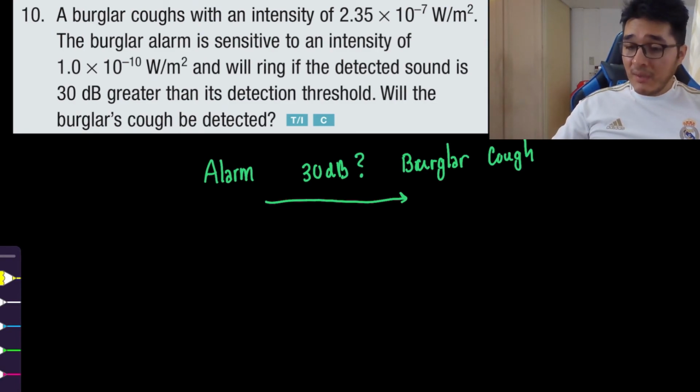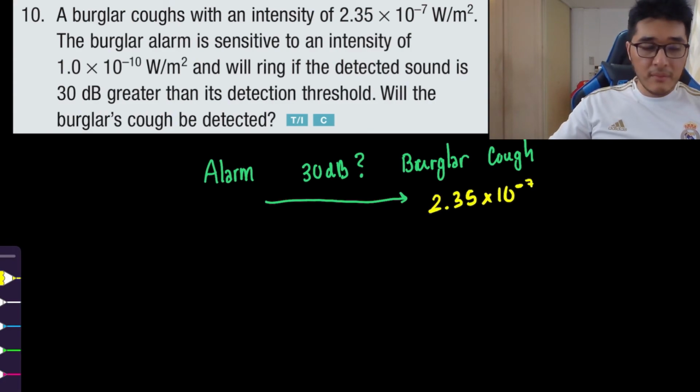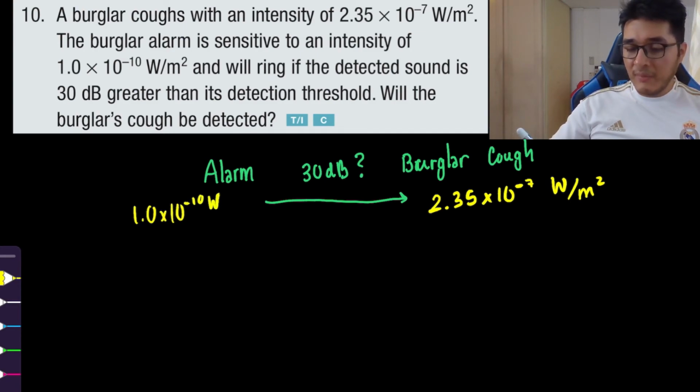The burglar's cough has an intensity of 2.35 times 10 to the power of negative 7. And the alarm, 1 times 10 to the power of negative 10 watts per meter square. All right.